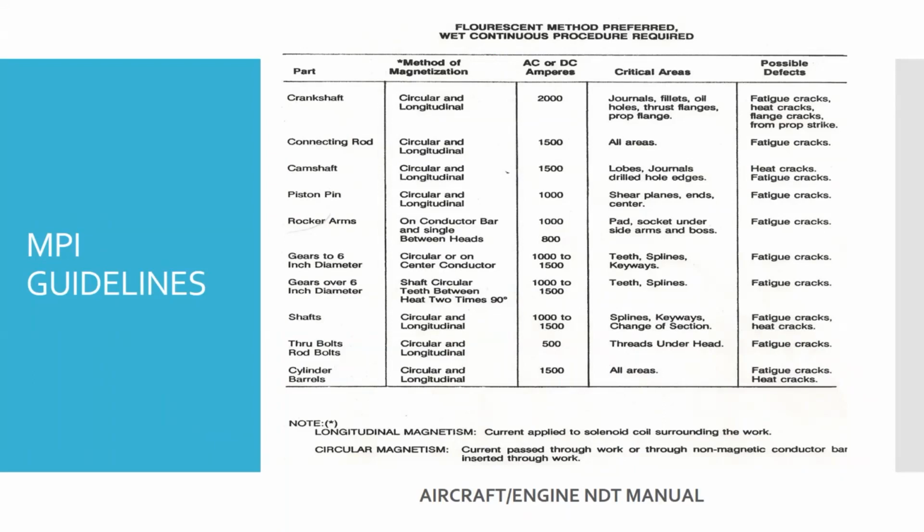And so you can see here, this is kind of a guideline. This is based on engine parts of how much current we need to run through a part to reach that saturation point. So at the top there, the crankshaft, you can see is 2,000 amps. We've got to run 2,000 amps through it. Connecting rod's a little smaller, 1,500 amps. When you get down to things like rocker arms, you can see 800 amps. You can see rocker arms actually have a difference.